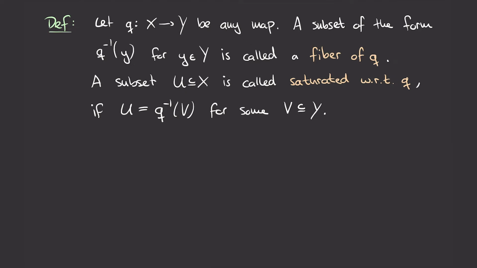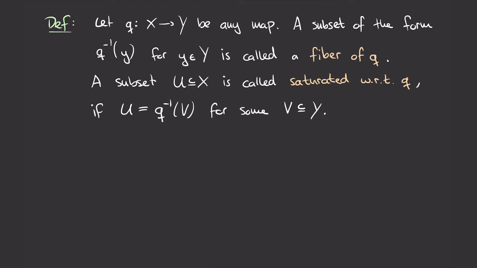So we suppose that we have just sets X and Y and some function Q between X and Y. We will now introduce a name for pre-images of single points in Y under the map Q. And these will be called fibers of the map Q. Hence, given any point y in Y, we can consider its fiber, which is just the pre-image of that single point under the map Q, or in other words, it's all the points in X which map to that point via Q.